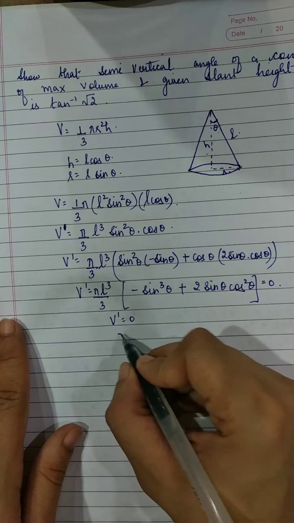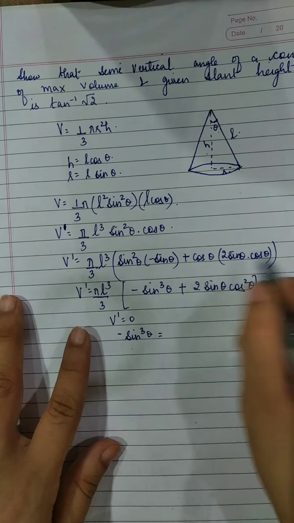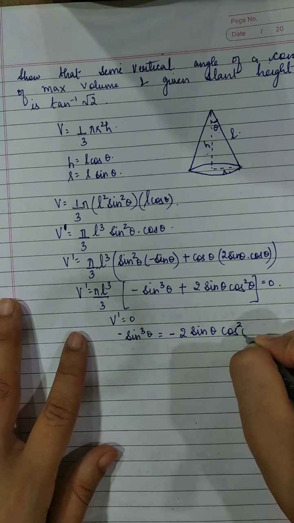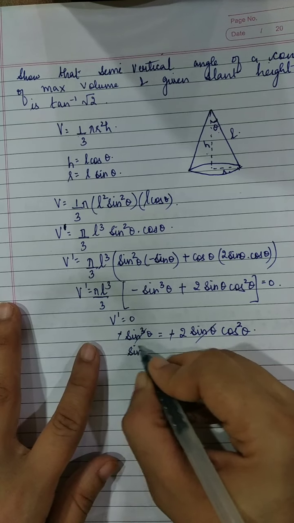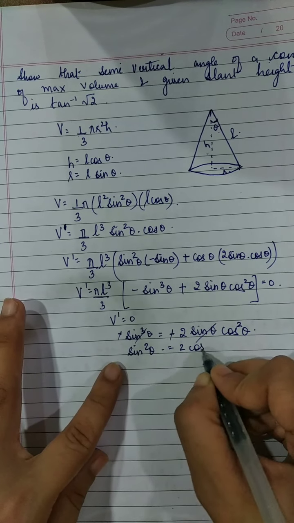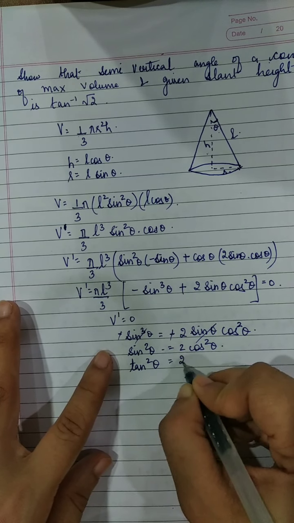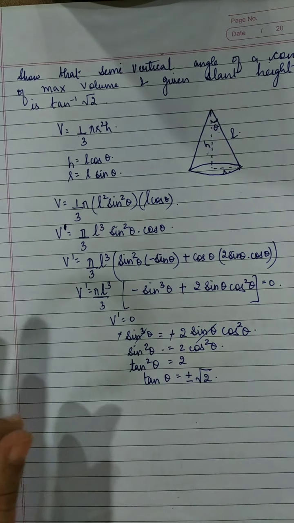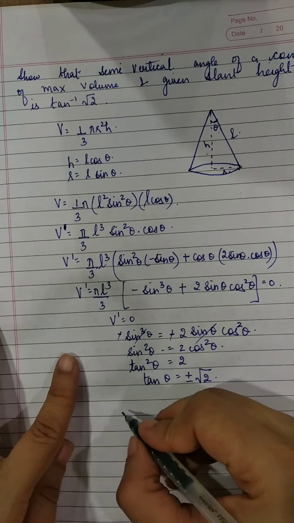So we are left with minus sine cube theta plus 2 sine theta cos square theta equal to 0. I take this on the other side, so this becomes minus 2 sine theta cos square theta. Minus minus cancels, one sine cancels, so we have sine square theta is equal to 2 cos square theta. Bringing it here, I have tan square theta is equal to 2, or tan theta is equal to plus minus root 2. So theta is equal to either tan inverse root 2 or tan inverse minus root 2, right?